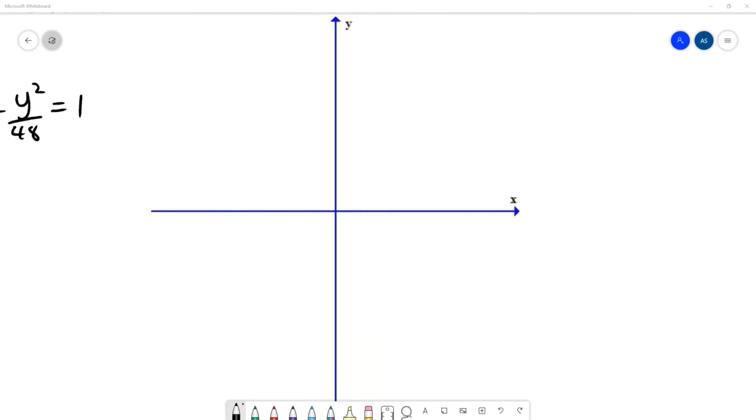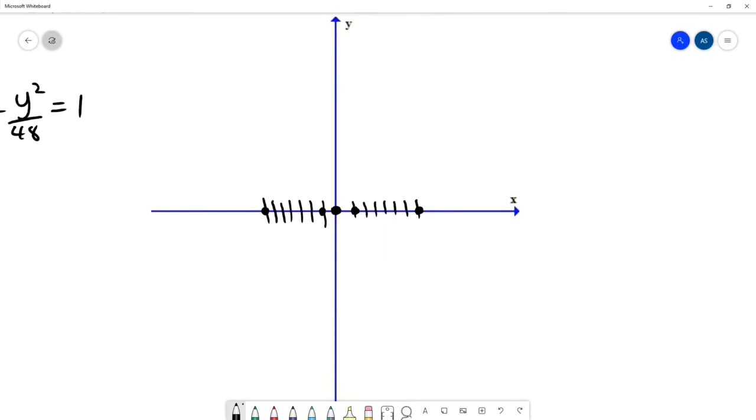This is what we were given: the center, a focus at 7, and a vertex at (1, 0). Because of the symmetry of the hyperbola, we'll have a mirror image on the other side. So I'll have another vertex at (-1, 0) and another focus at (-7, 0).